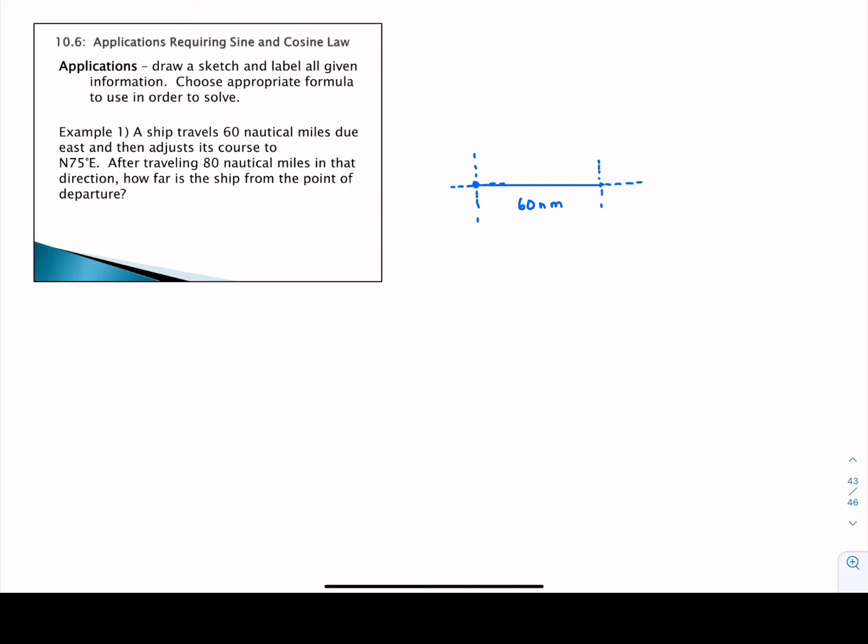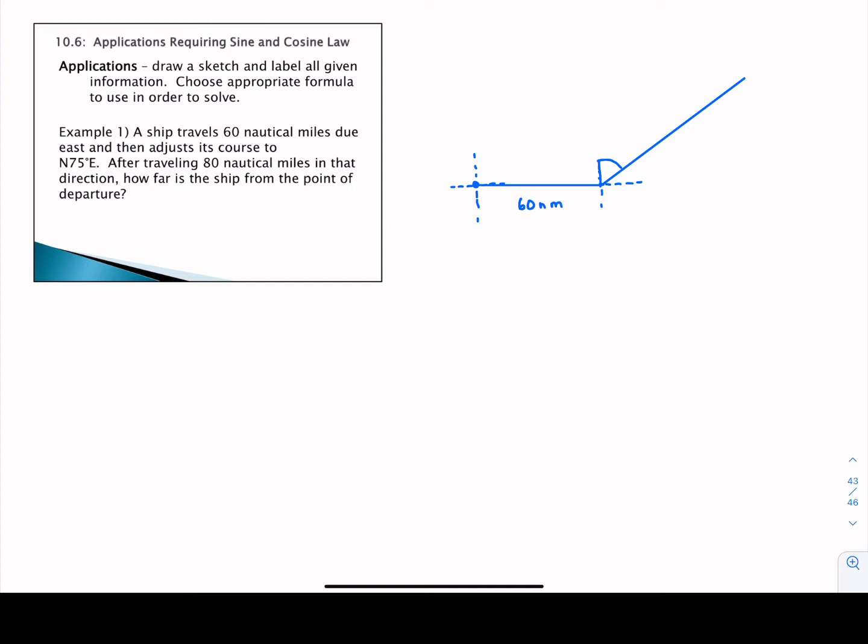So I'm going to drag my pencil north and to the east, east 75 degrees. I'm going to drag to the right for a 75 degree angle. This is my new direction of travel. So we can see here that we're creating a second leg on this triangle.